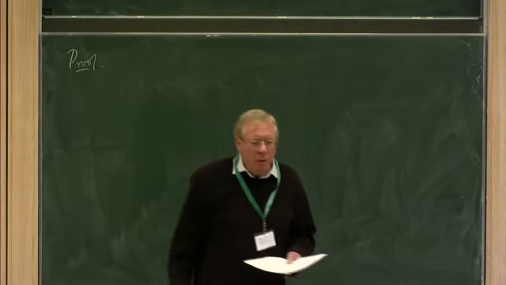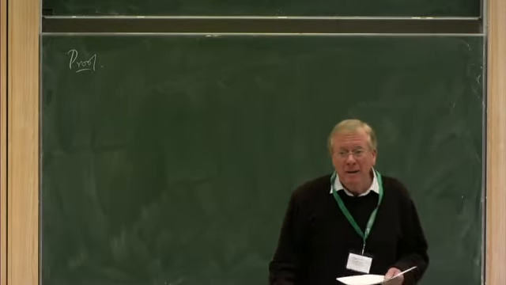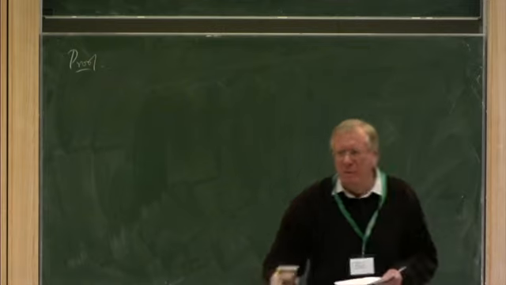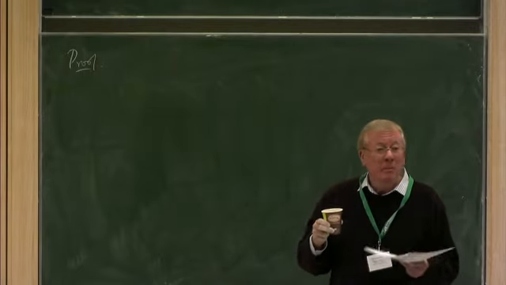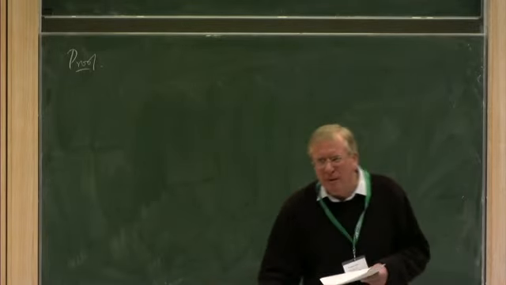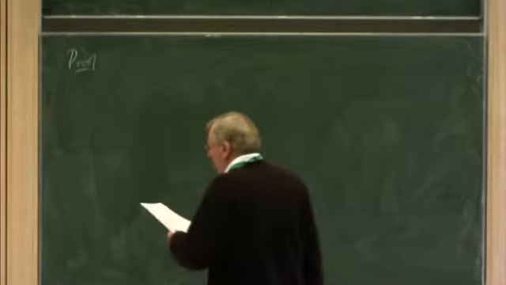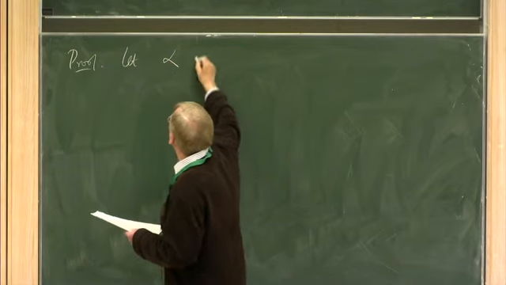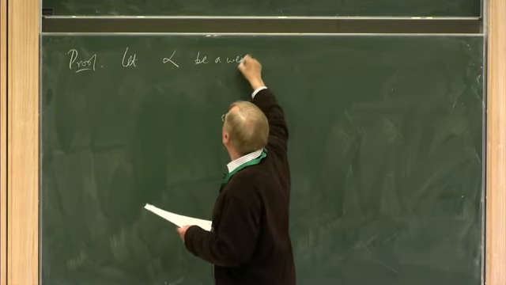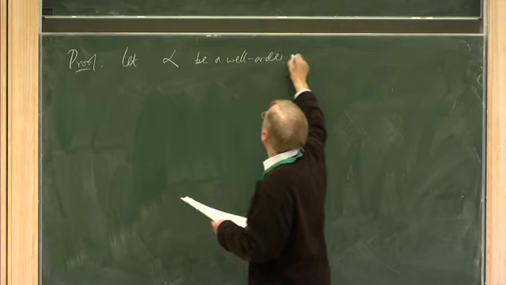What you use is Zorn's lemma, if you don't mind using Zorn's lemma. Anybody object to using it? Oh, it's too bad. Anyway, so you choose a well order on X.